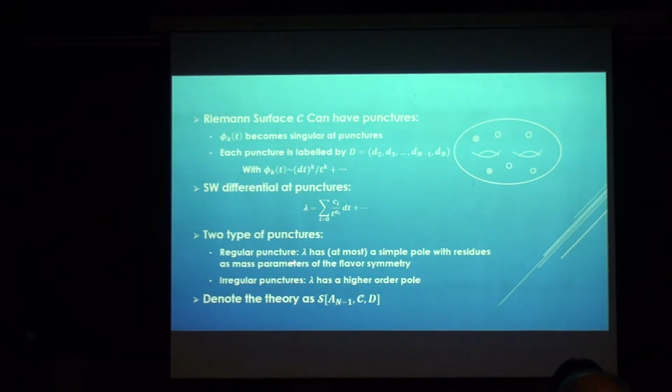One is called a regular puncture, where lambda has at most a single pole on the puncture, and in this case the residues are mass parameters of the flavor symmetry. The other type is the irregular puncture, which means lambda has a higher order pole on each branch. So we can denote the series by the rank of the 6D series, the Riemann surface, and the type of punctures.